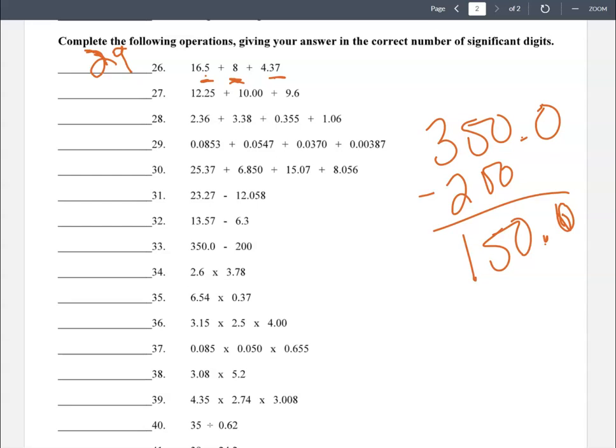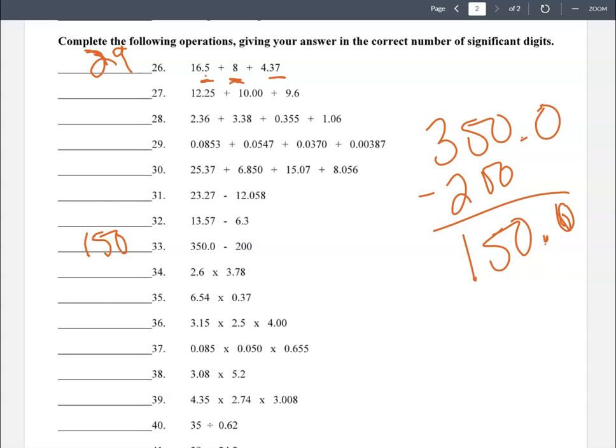But then when we look at significance, 200 has no decimals, 350.0 has one decimal, which means our final answer is simply 150, no decimals.